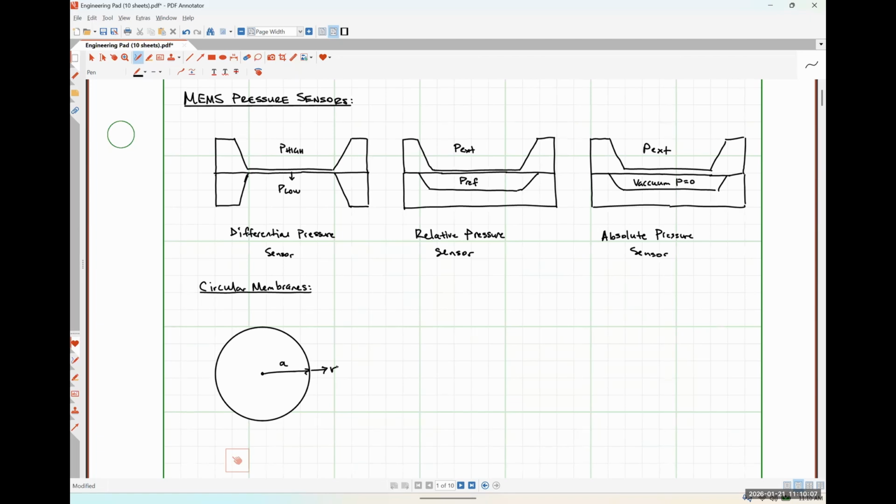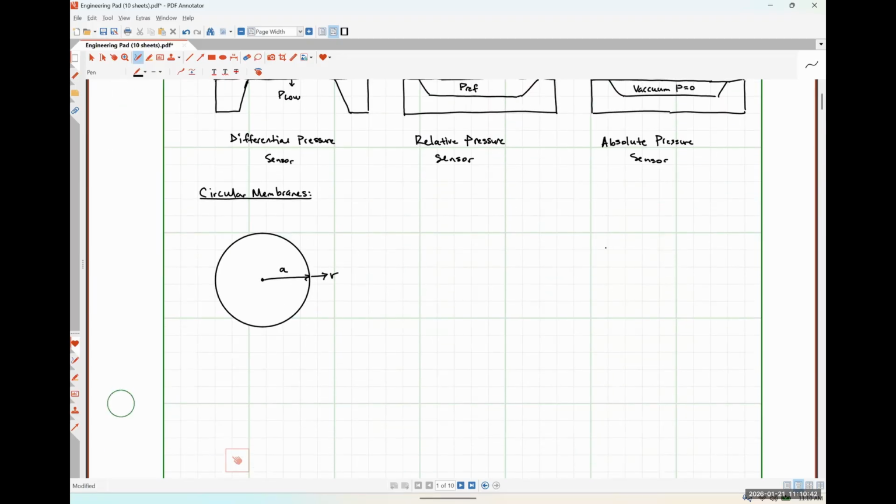So if we're moving radially away from the center where we've moved some distance R, obviously we could adopt a cylindrical coordinate system or we could have some theta as well, but that's really not going to matter to us because this thing is perfectly symmetrical. So whatever deflection we are going to get is only going to depend on the distance away from that center point R. So we're not going to worry about an angle because it's just beating something to death that we don't need. Okay. So this is kind of like a top-down view.